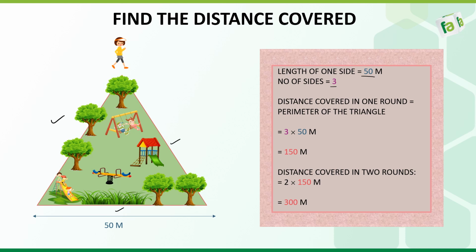Distance covered in one round is equal to perimeter of the triangle, which is equal to 3 multiplied by 50 meters, which is equal to 150 meters.